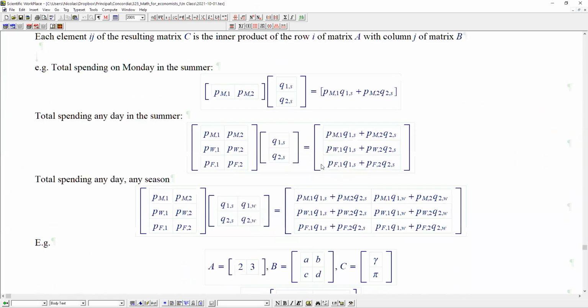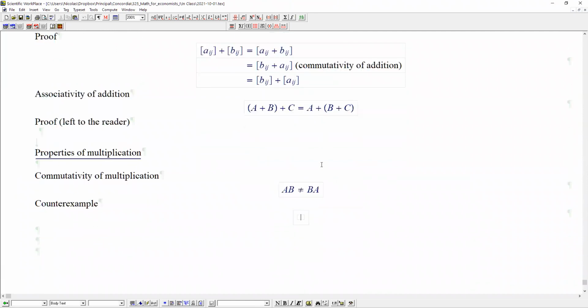But even when the matrices have the same dimensions, I can show you, for instance, A, B, C, D, E, F, G, H.